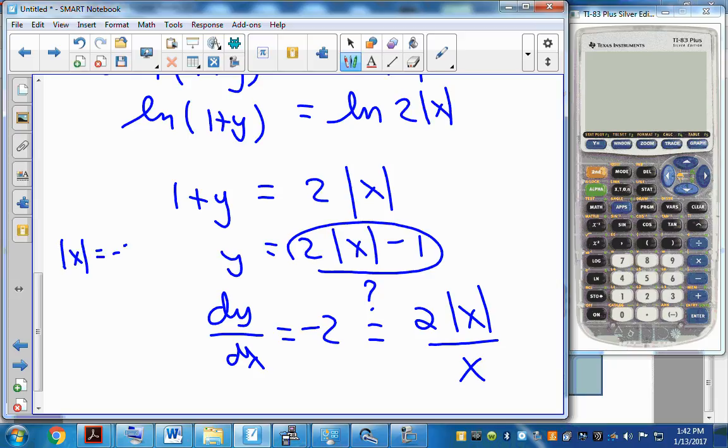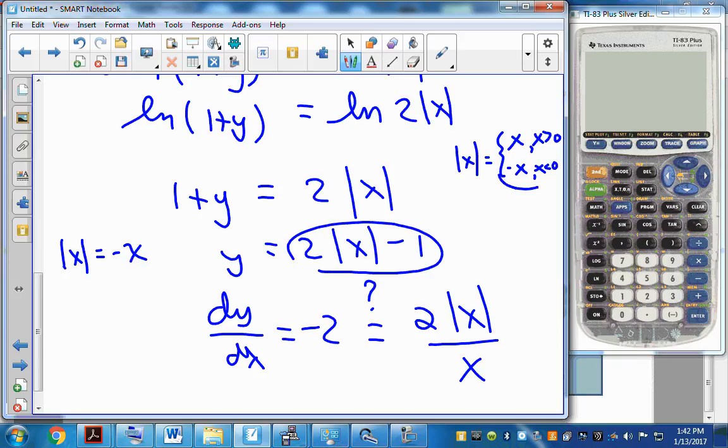Like, why is it negative x? Because x is negative, right? We talked about that yesterday, right? We had said that the absolute value of x will be x if x is bigger than 0, and the opposite of x if x is less than 0.